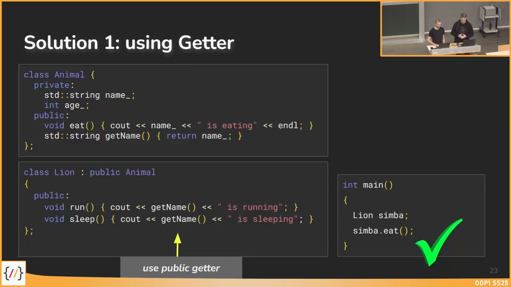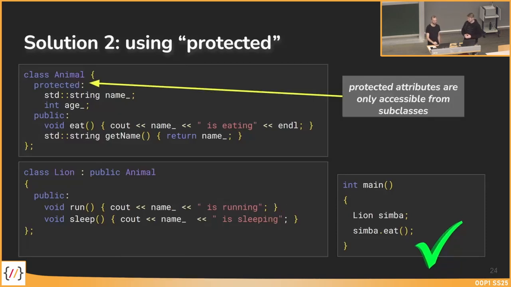When we use inheritance, there is a second possibility, and this is called protected. I already showed you this, I think, last time. We can use the third access specifier. So we had private and public, and now we introduce protected.